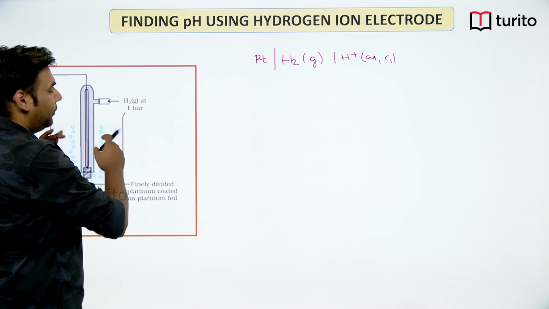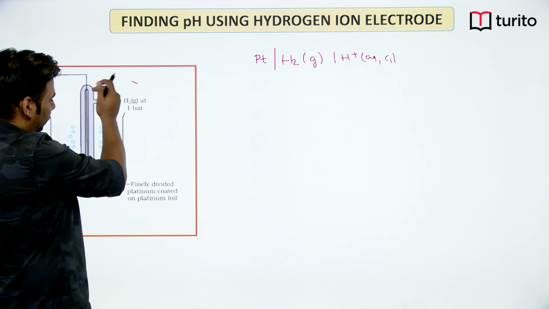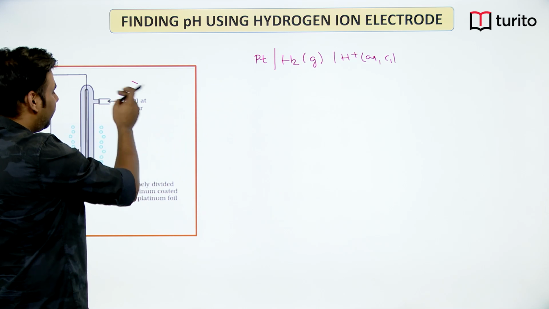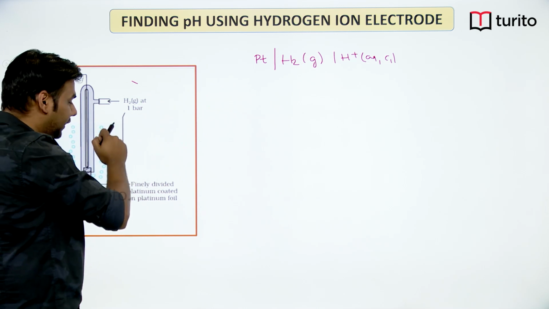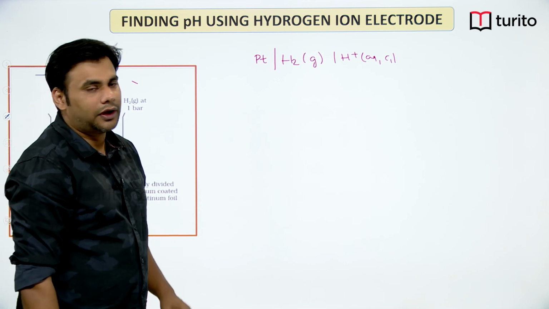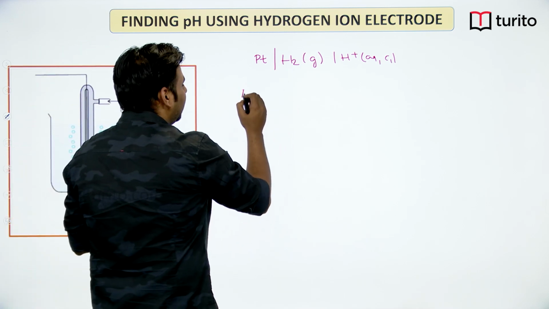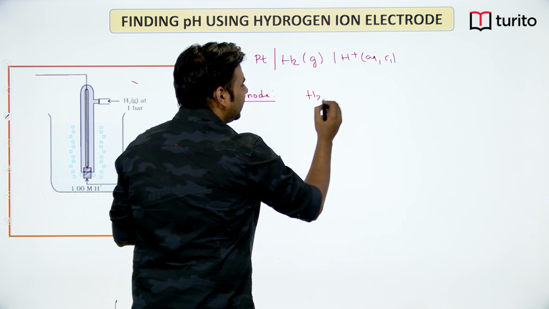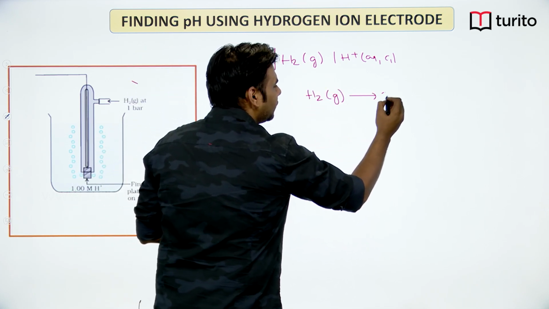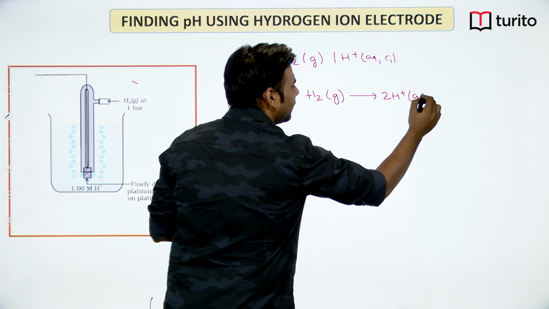If it is acting as an anode, you enter through the rod, so you will encounter platinum first, then the hydrogen gas that is going inside the solution, and then you will get the H plus ion. So in this case, if it is acting as an anode, we know that it will get oxidized.